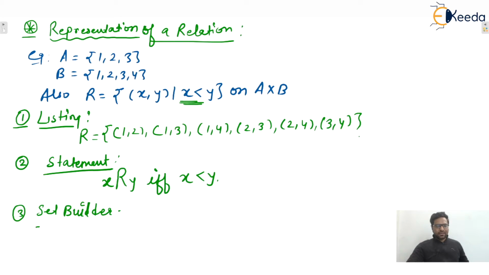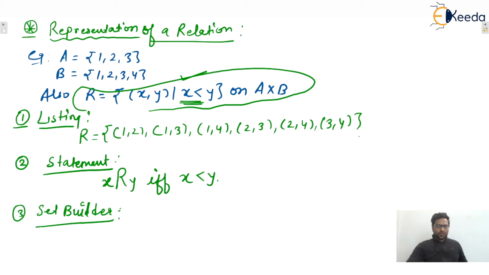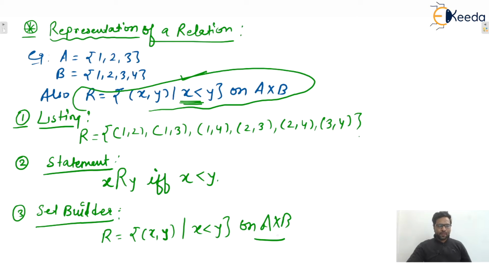In set builder, x is related to y means {(x, y) | x is less than y} on A cross B. That is your set builder form. I hope this one is clear to everyone.